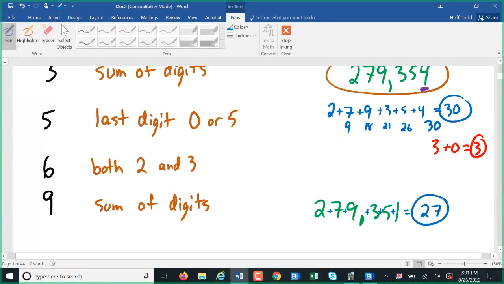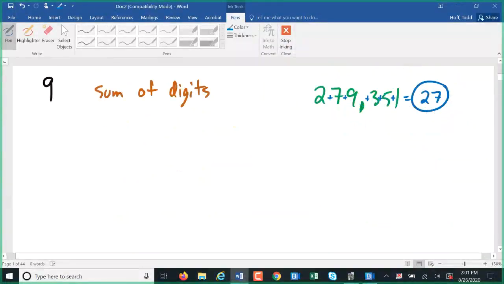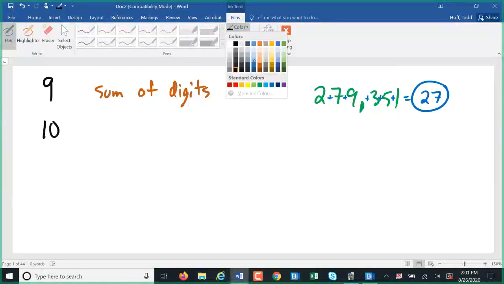Those digits add up to 27, which is divisible by 9, which means 279,351 is divisible by 9. Now, the easy one: how do we know something's divisible by 10?